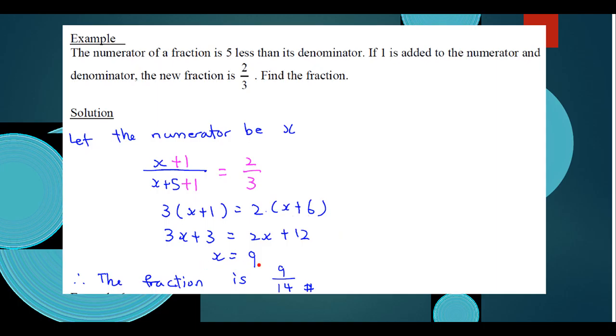So since x is the numerator, the given fraction will be 9 over, the denominator will be 5 more, which is 9 plus 5, that will be 14. So remember to answer the question with a final statement, since this is a problem sum. So that's all for this example.